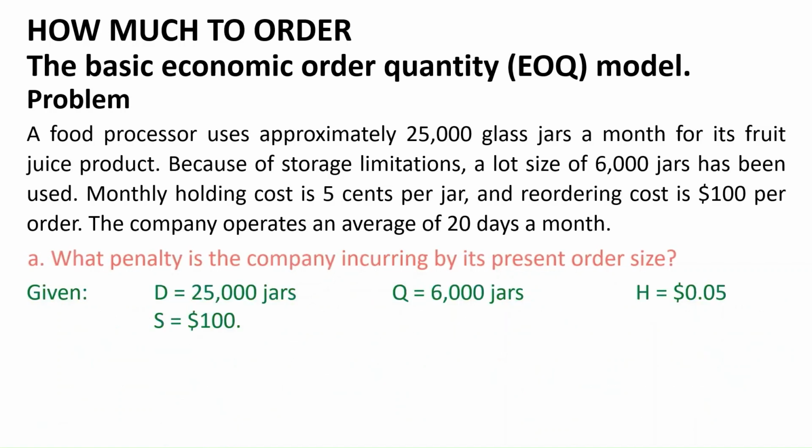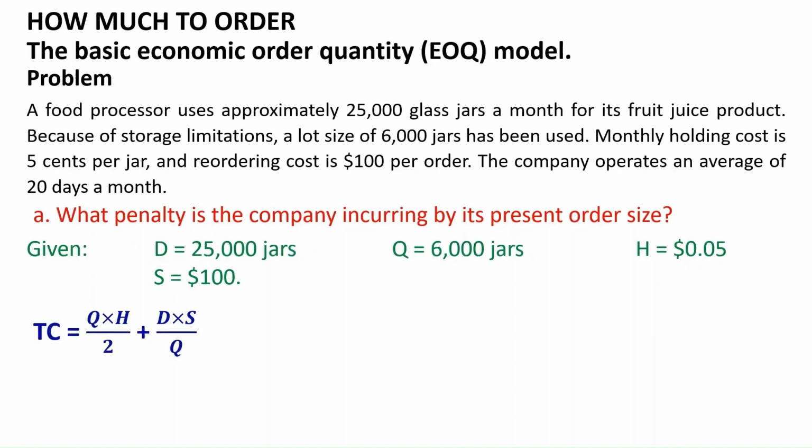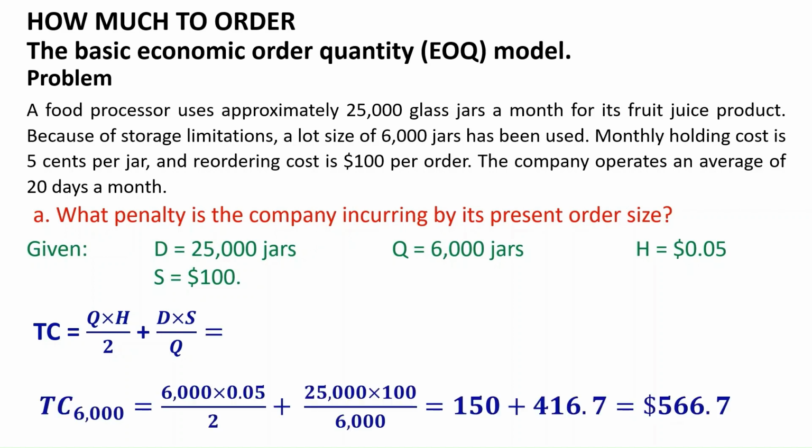To know the penalty the company is incurring by its present order size, we have to calculate the total cost corresponding to the current order quantity Q and compare it with the total cost corresponding to the economic order quantity Q0. We know that TC equals Q multiplied by H divided by 2 plus D multiplied by S divided by Q. Substitute the given values.